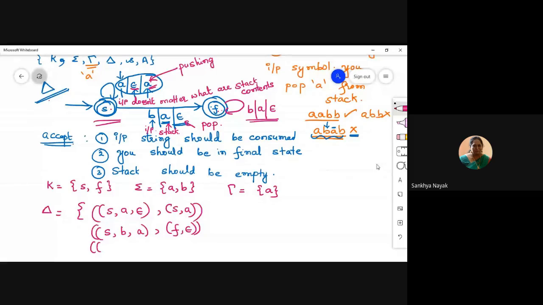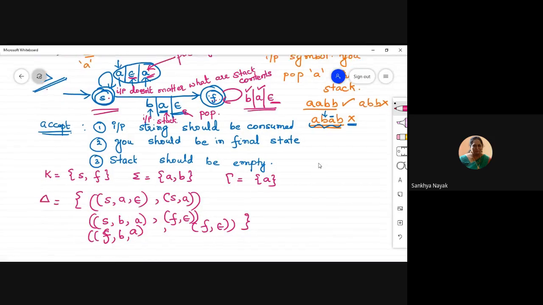And next, if you are in a state F and you have B in the input symbol, A inside the stack, then you will remain in F and you are going to pop it. So we can show it like this. Two representations of the same thing.